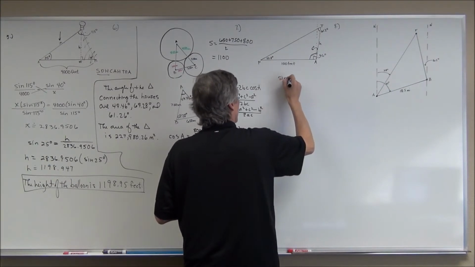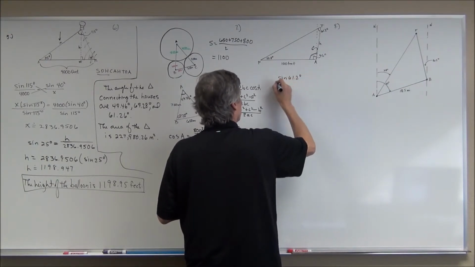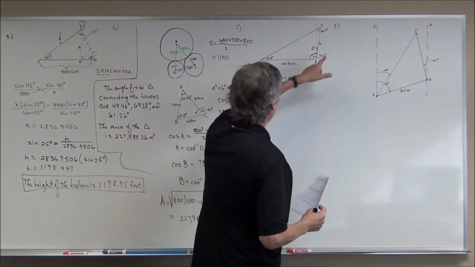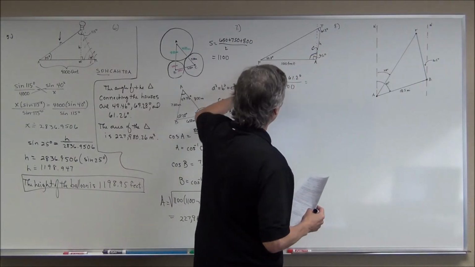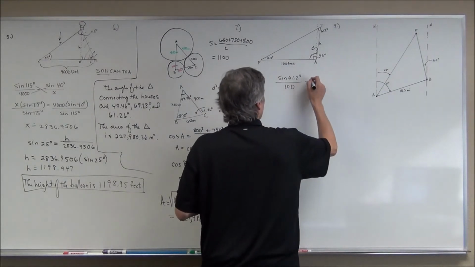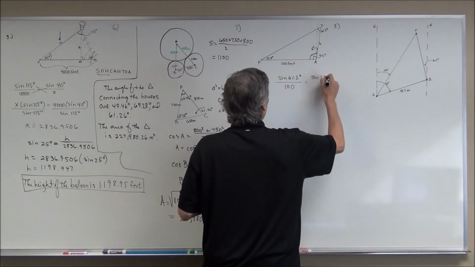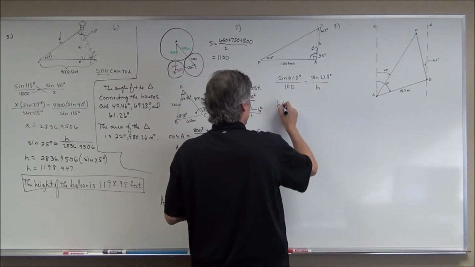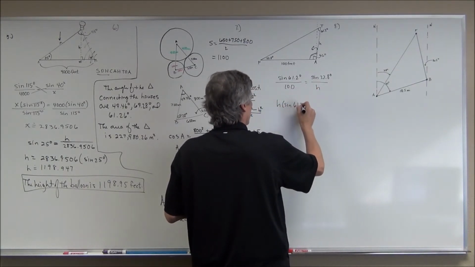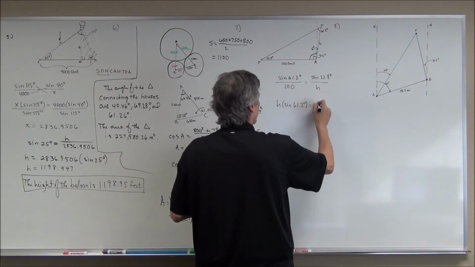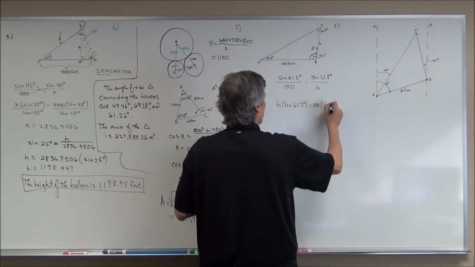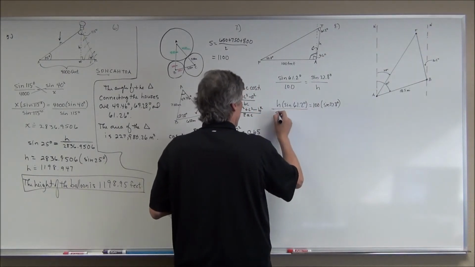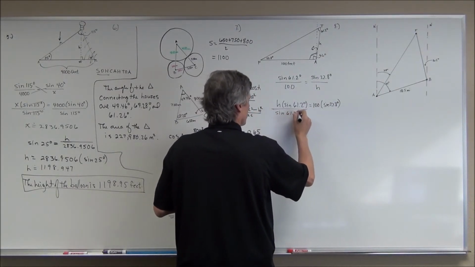So I'm going to write the sine of 61.2 degrees is to 100 as, now I'm trying to find H, it's opposite angle 22.8 degrees, angle P, so the sine of 22.8 degrees divided by H. Cross multiply: H times the sine of 61.2 degrees is equal to 100 times the sine of 22.8 degrees. I'm going to divide both sides by the sine of 61.2 degrees.